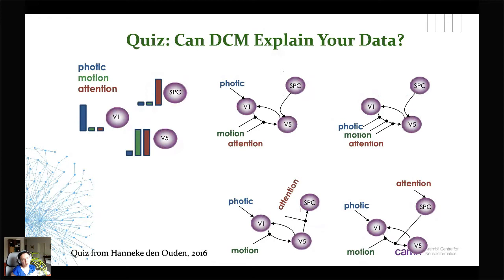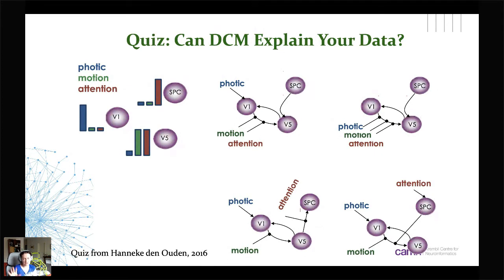So let's assume basically that you have increased activity in V1. V5 is activated by both the motion and the photic stimulation, V1 only by the photic stimulation, and superior parietal cortex is only affected by attention.